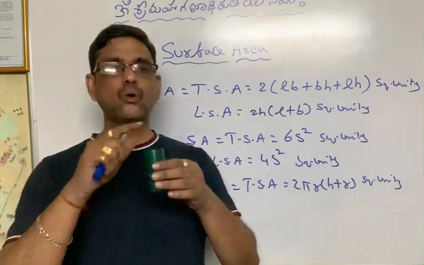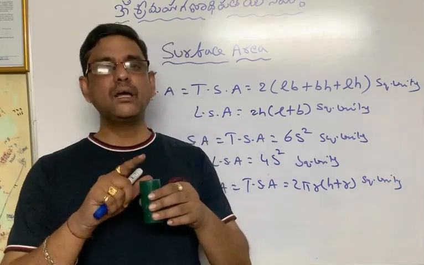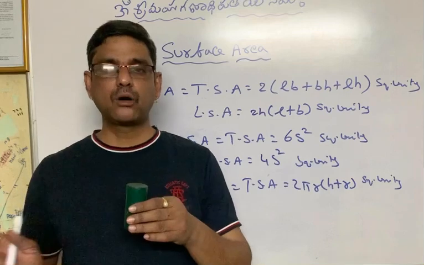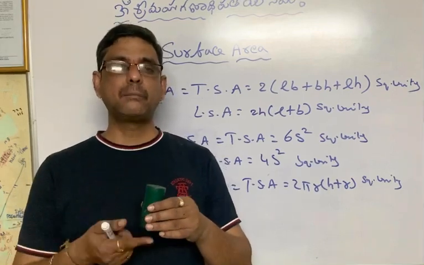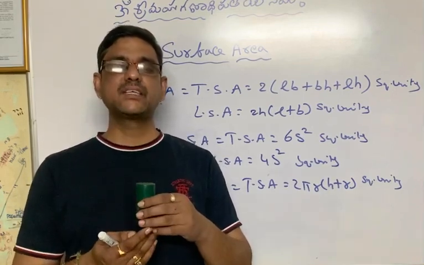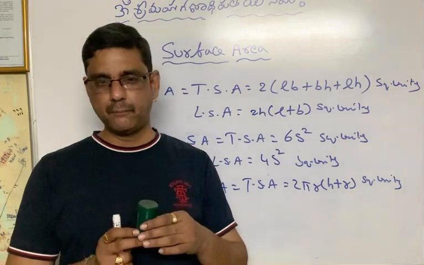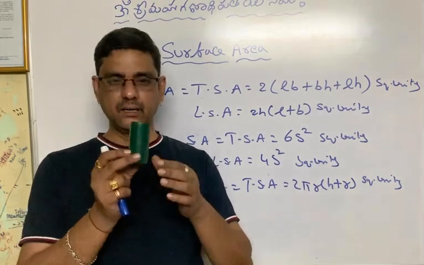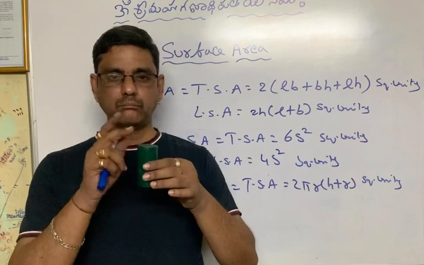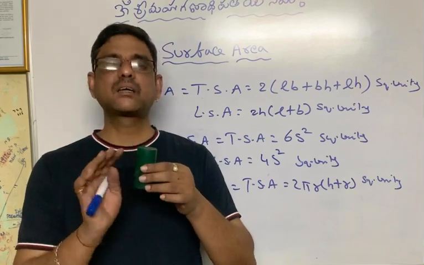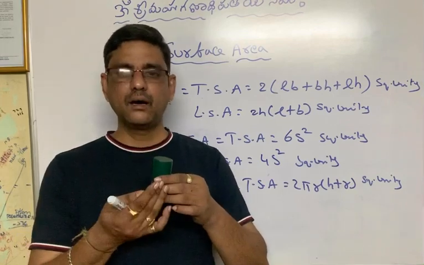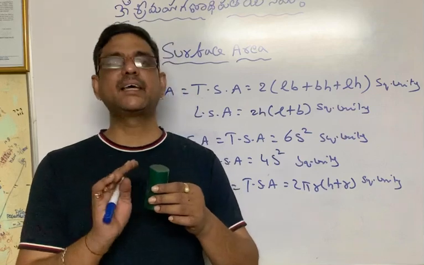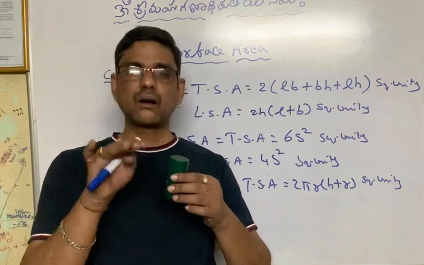Now, excluding top and bottom, the remaining faces' area is called lateral surface area. But in the cylinder, excluding top and bottom, the remaining face is a curved face, so instead of lateral surface area, we call it curved surface area.